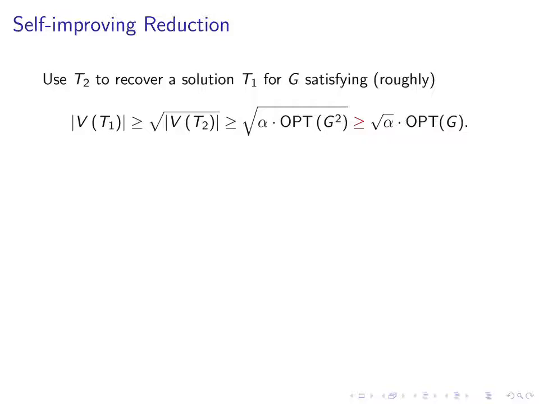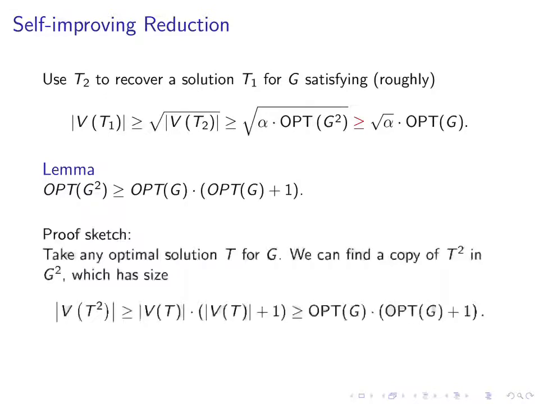So let's go back to the inequality relation that we want to show. For the rightmost inequality, it's shown by the following lemma. In this lemma, suppose we're given an optimal solution T of the original graph G. What we can do is to find another solution for the square graph G squared by just examining the vertex copy where the vertex is involved in the solution T. And for each copy, we plug in a solution which is T plus an extra source.